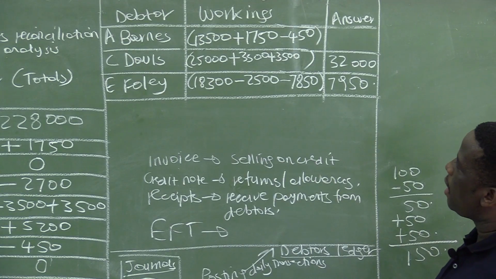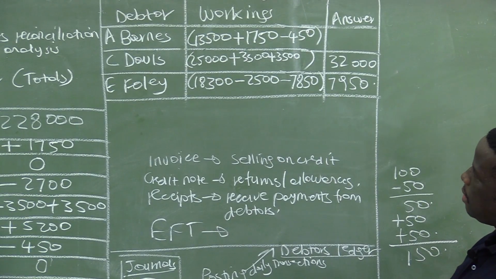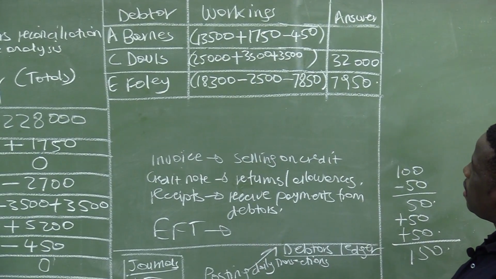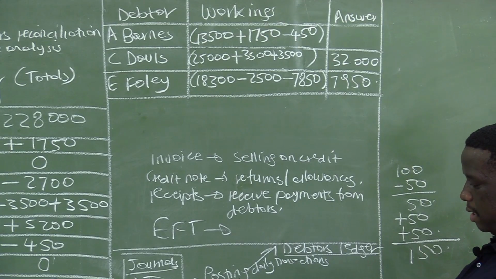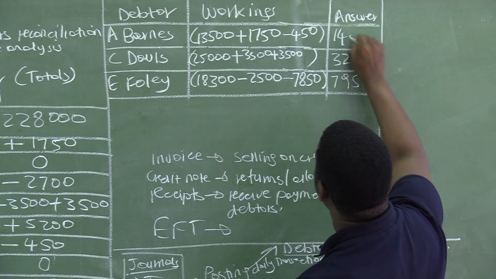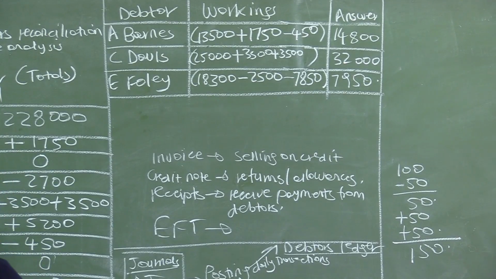You have A. Barnes, you have 13,500 plus 1,750 minus 450, 14,800. Right.